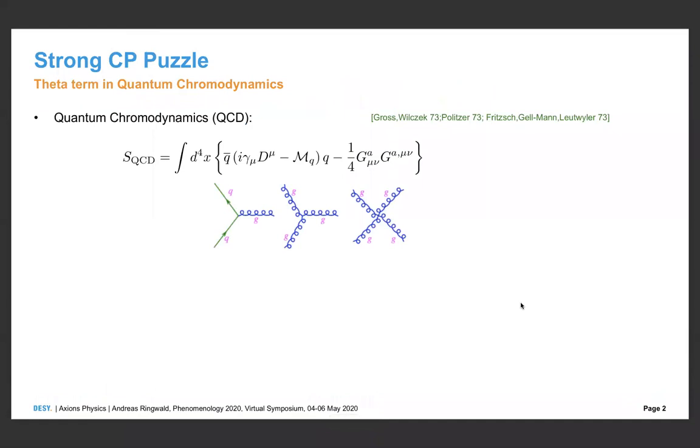Okay. So the axion has been with us since nearly the beginning of quantum chromodynamics.